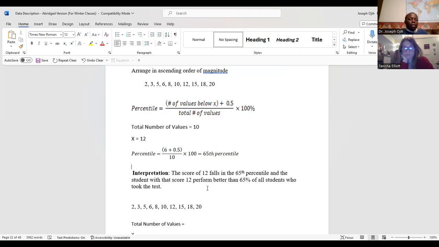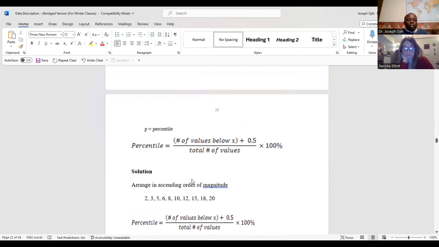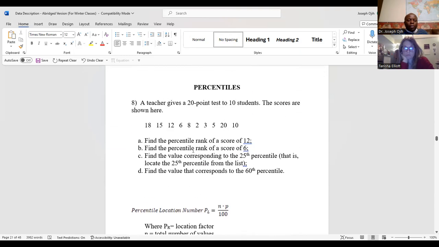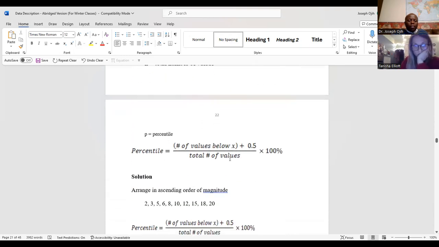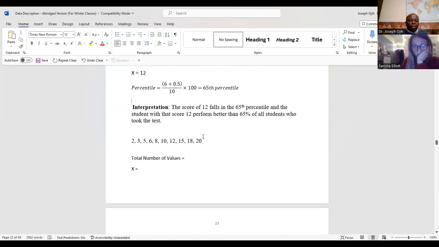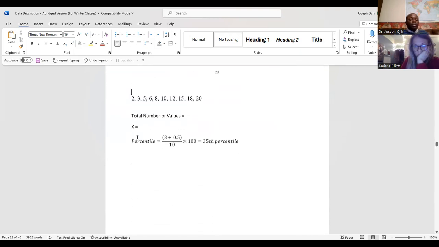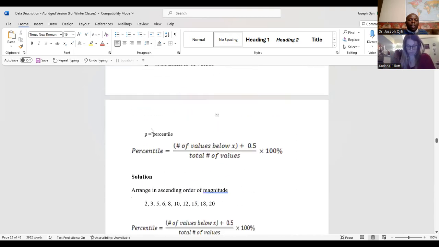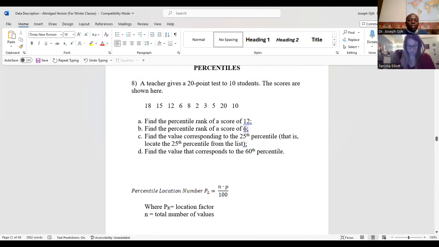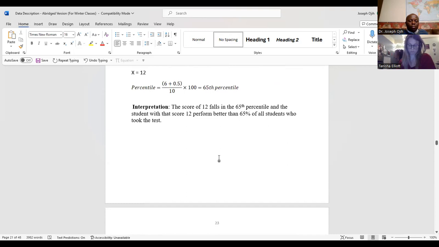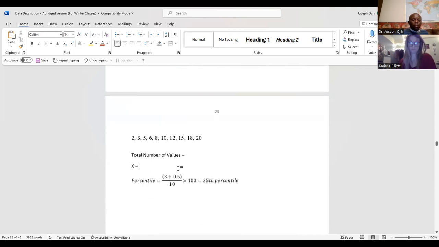Good. Now let's answer Part B. Part B says, find the percentile rank of the score of 6. Again, put them in order. Let me move this down so we can have enough room. They're in order, and it asks for the percentile rank of the score of 6. So our X is 6. And of course, there are 10 students who took the test.